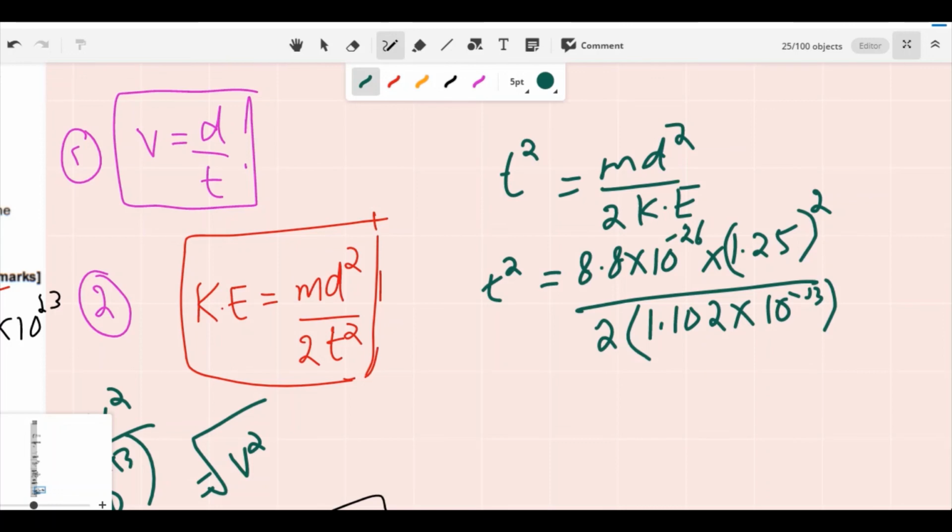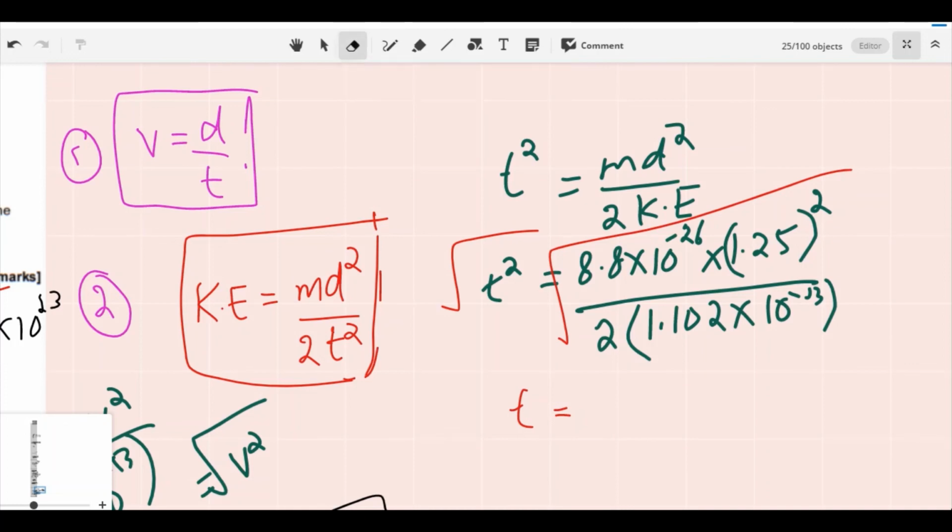So as we already knew, when we calculate it, here is t square, so you have to take the square root on both sides. T will equal the same answer.